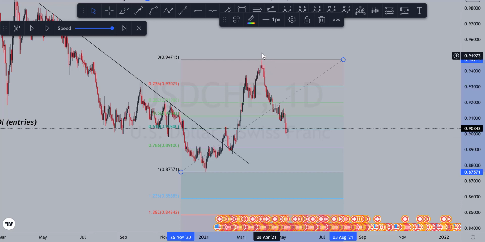So what I want to do with this first impulse is find a point of interest. I want to find a point where I can reasonably join this trend, because this retracement is a possible retracement to then get energy to continue the trend. So I want to make sure that I join the trend, because the trend is my best friend. Remember, this entry here was a bit risky.